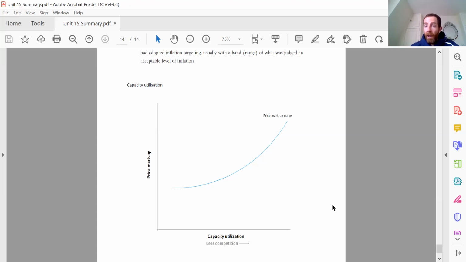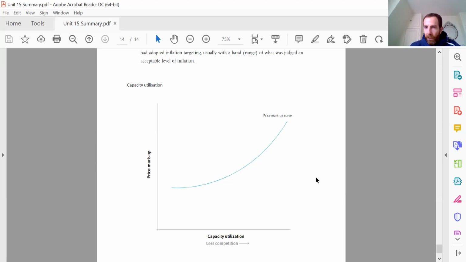And so we imagine the level of competition has fallen. And we know when the level of competition in the goods market falls, firms are able to charge a higher markup, and a higher markup will probably mean that they'll increase prices, and increased prices means inflation.